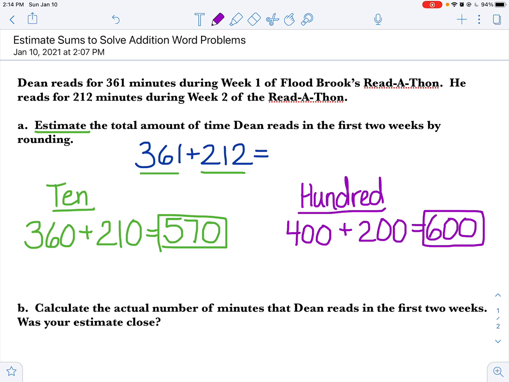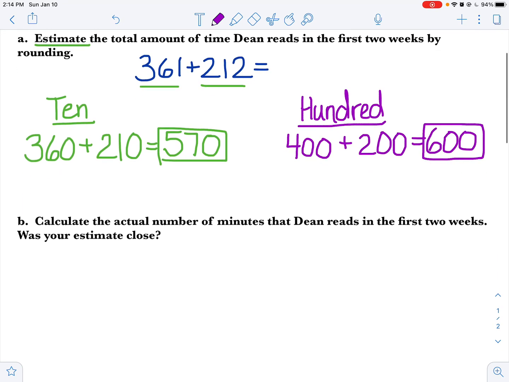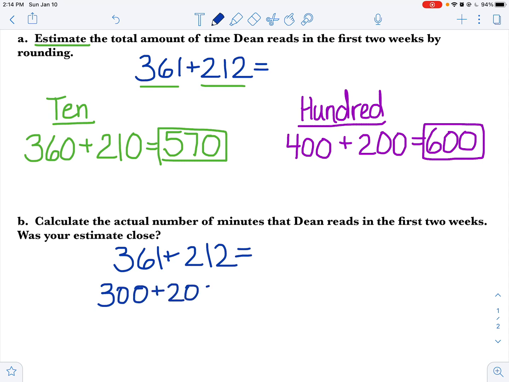Now, part B says to actually calculate the actual number of minutes that Dean reads in the first 2 weeks. So now we're actually going to solve this exact equation of 361 plus 212. And I'm going to use my partial sums to solve with equations. So I'm going to do 300 plus 200, and I know that's 500.